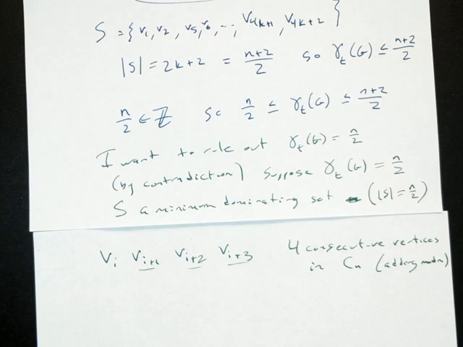I must include at least 2 of these 4 vertices. Yes? No matter which 4 in a row I have, I must include at least 2 of those.